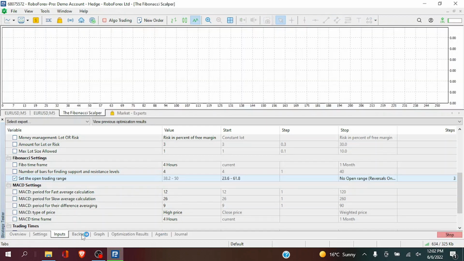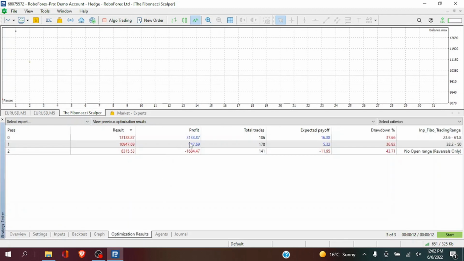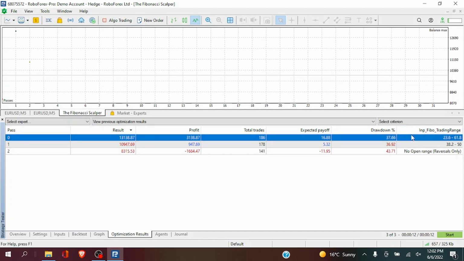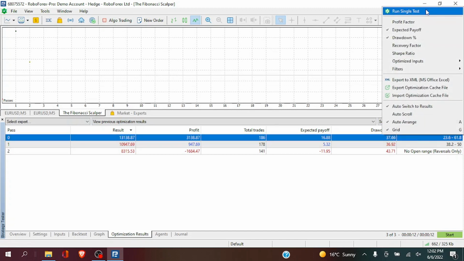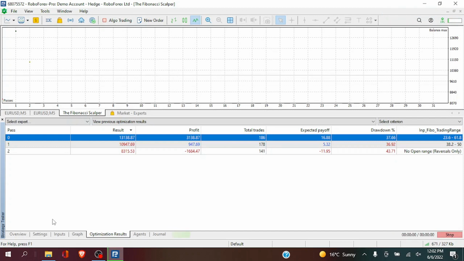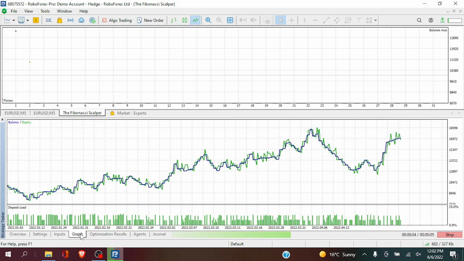And we're going to see which one of these 3 works the best with the current settings that we have for the EA. Now when we look at our optimization results, you'll see the best strategy is the 23.6 and the 61.8 Fibonacci retracement levels. And we're going to run a single test on these inputs.